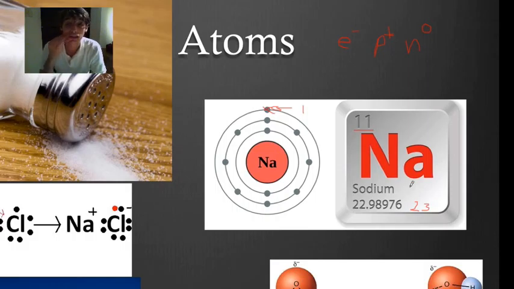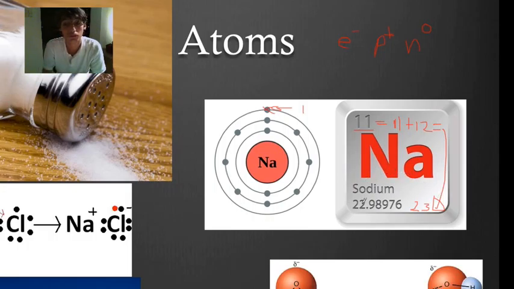We can know the number of protons and neutrons because elements are neutral in their charge. That means it will have 11 protons. So if it has 23 as its weight, 11 protons plus 12 neutrons give you 23.